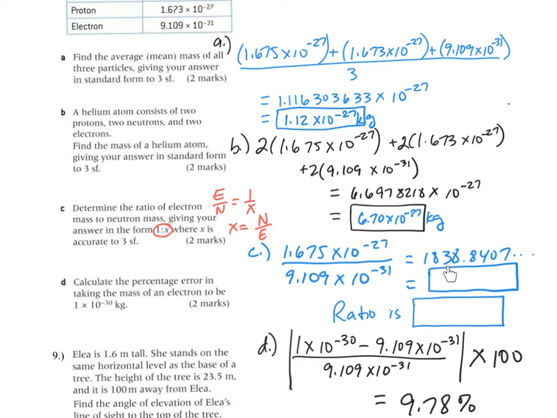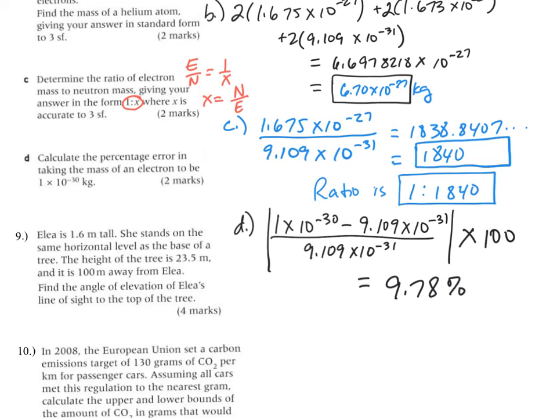Now we can't keep it at 3 because the 8 is bigger than 3, so we're going to bump this up to 4. And this needs to be a 0 because trailing zeros are not significant before a decimal point. So to 3 significant figures, our answer would be 1,840. And then our ratio would be 1 to 1,840.